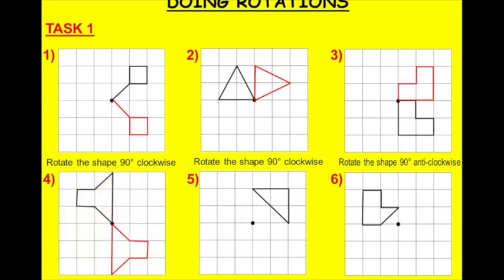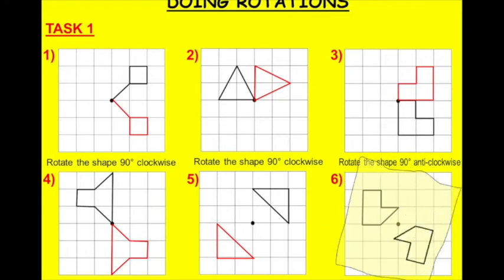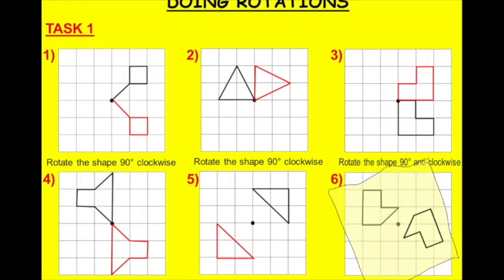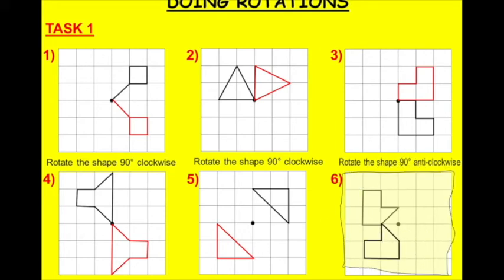For number 5, you are asked to rotate the shape 180 degrees anti-clockwise. For number 6, you are to rotate the given shape 270 degrees clockwise. But let's repeat that. I hope you get the idea.